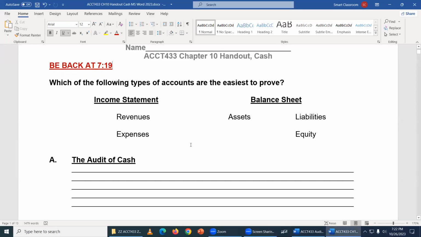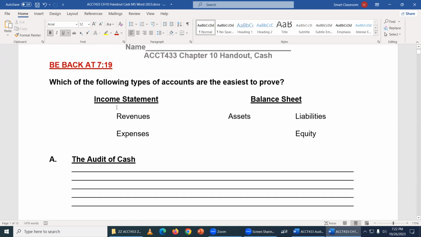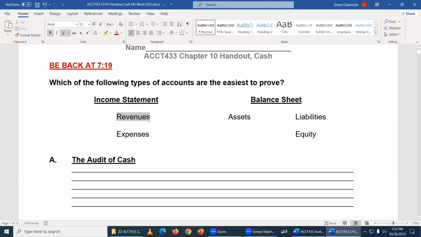Okay, so in accounting we only have really 5 types of accounts, depending on how you classify them: revenues, expenses, assets, liabilities, and equity.